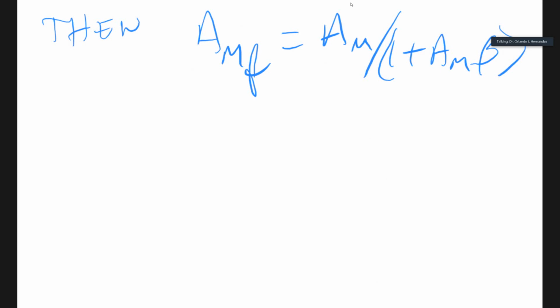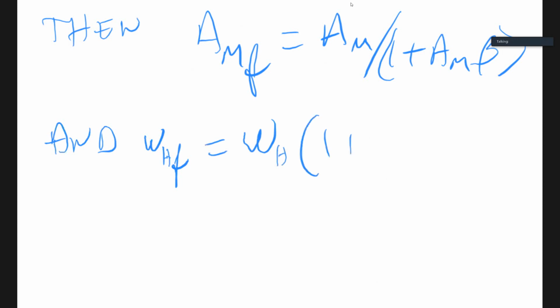And from there, again, by comparison with the original expression and what omega H was, that high frequency pole, we see that the new, with feedback, high frequency pole is the open loop pole times 1 plus the open loop midband gain times beta, which is greater than 1.